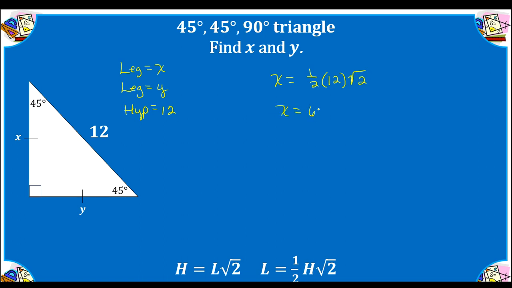So this gives me 6 square roots of 2. And rounding to the decimal to the 10th, that gives me about 8.5. Therefore, y is going to be the same thing because they're congruent.